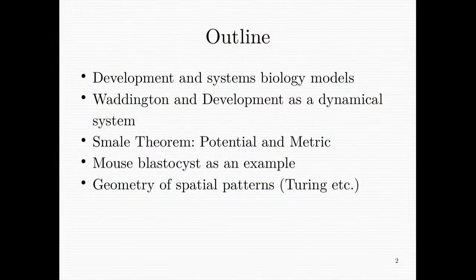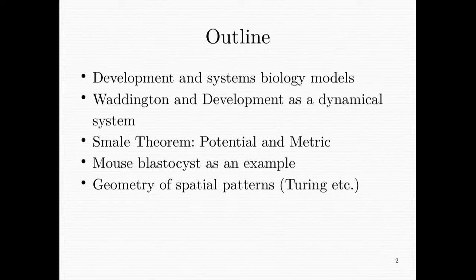Just to give a brief outline, I'm going to start with saying a little bit about development and developmental biology, and mainly what I need. I'm going to talk a little bit about systems biology models, and then I'm going to try and introduce a framework that was really used by early experimental embryologists, in particular Waddington, to think about development as a dynamical system.